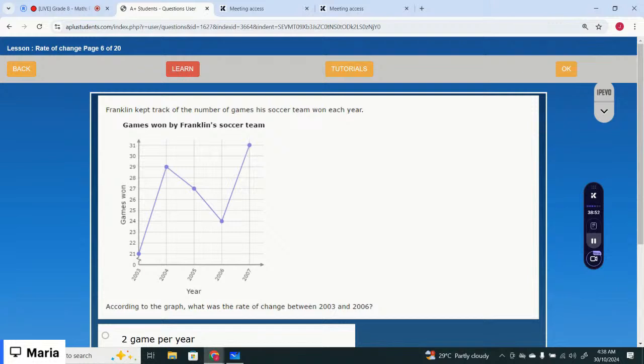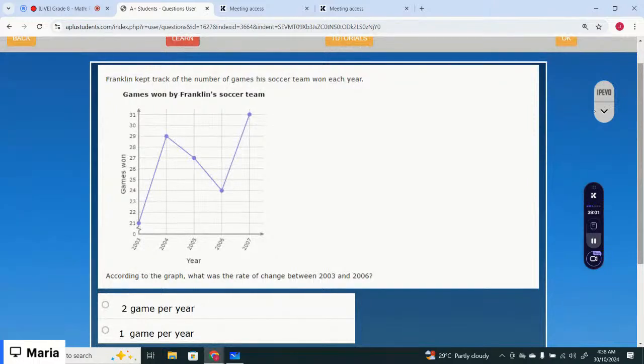Franklin kept track of the number of games his soccer team won each year. According to the graph, what was the rate of change between 2003 and 2006? So, which is the correct option?